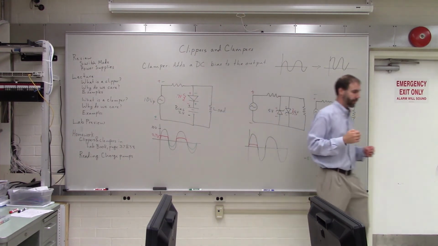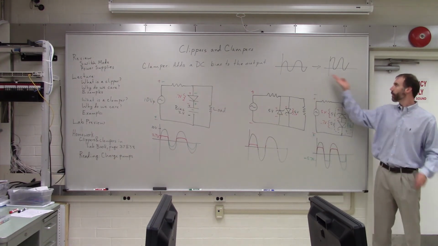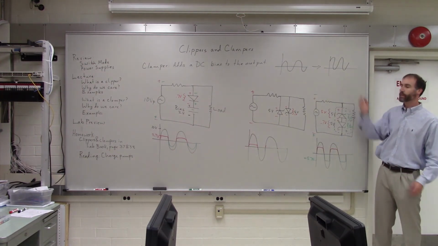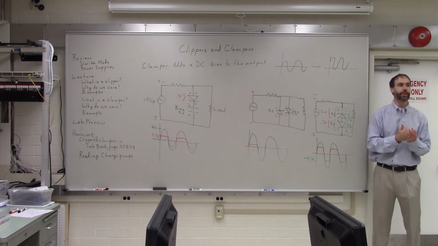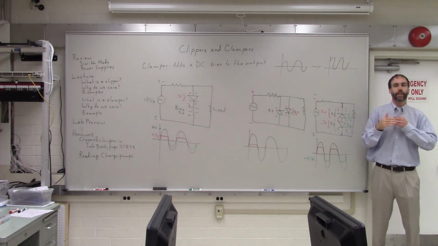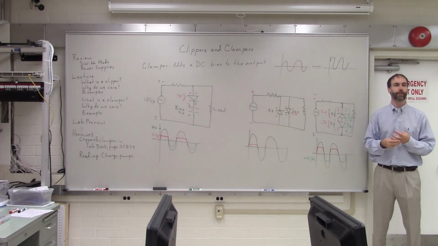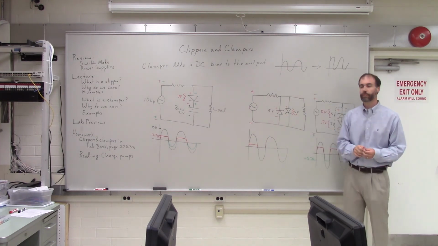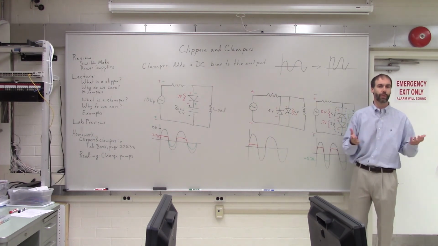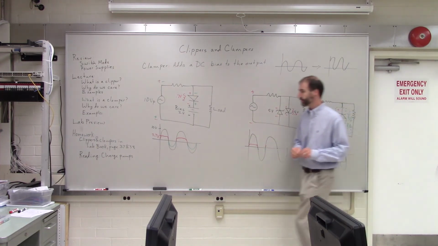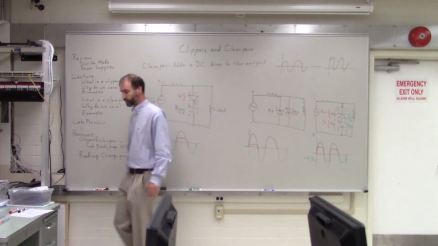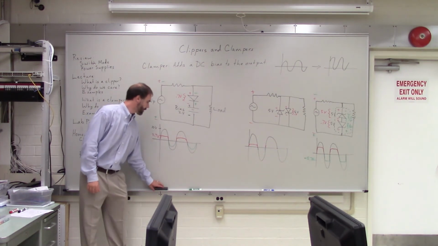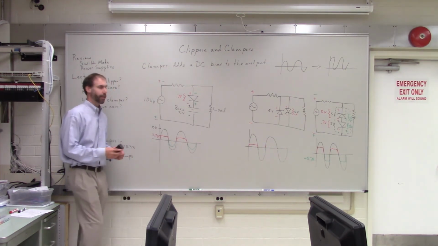So we'll learn a little bit about how clamper circuits work this time, and then next time we'll see how we can use them to take low voltage signals and turn them into higher voltage signals. Okay? So they're useful for increasing the voltage of low voltage signals. So let's look at a couple of examples of clamper circuits.